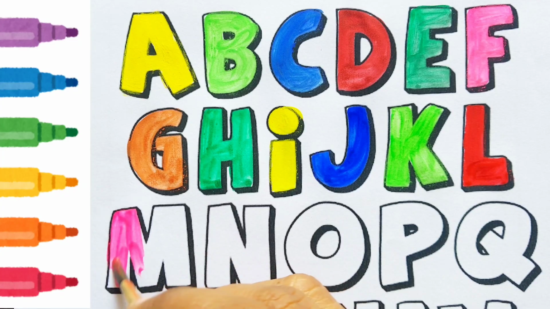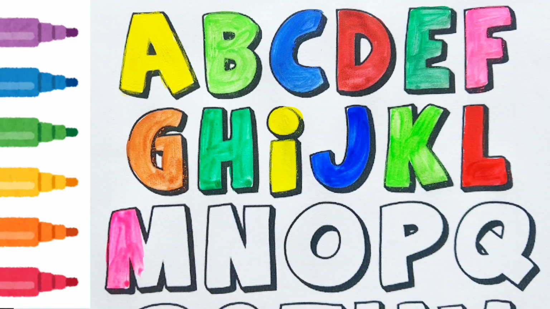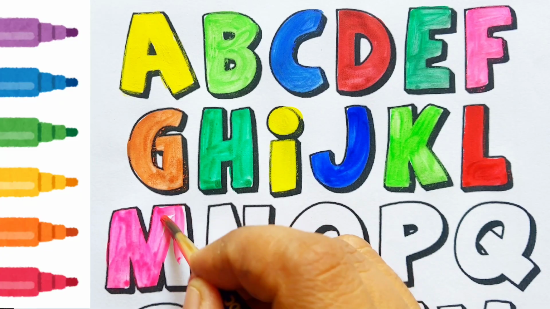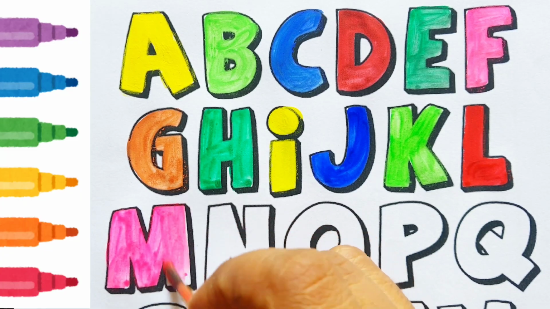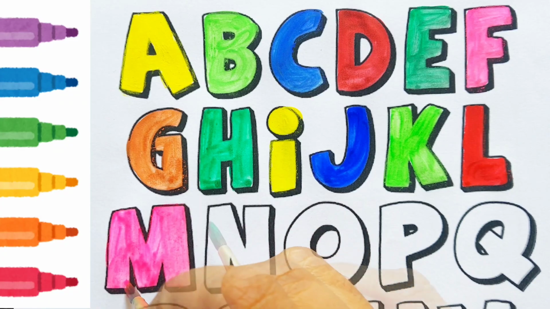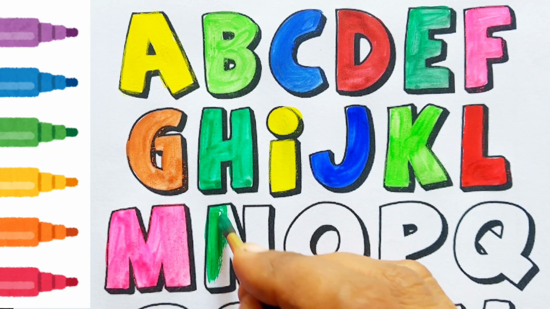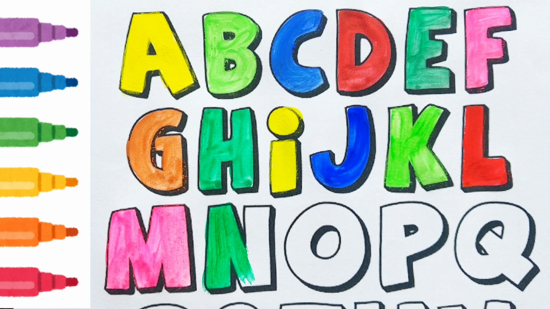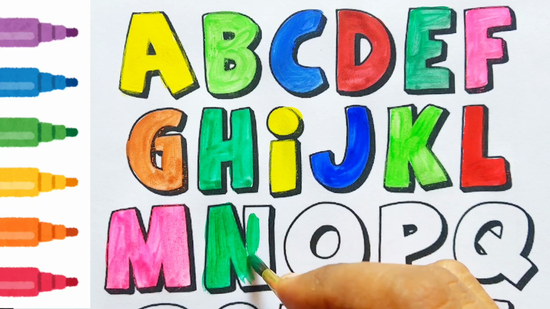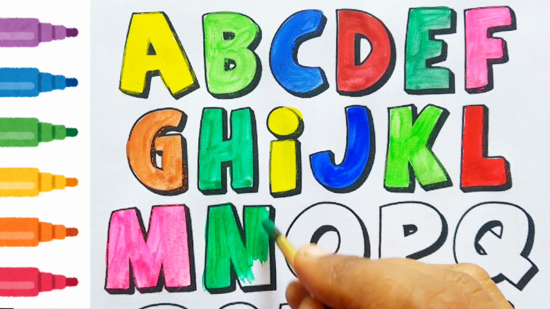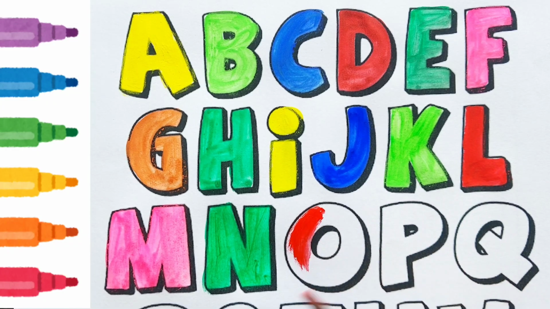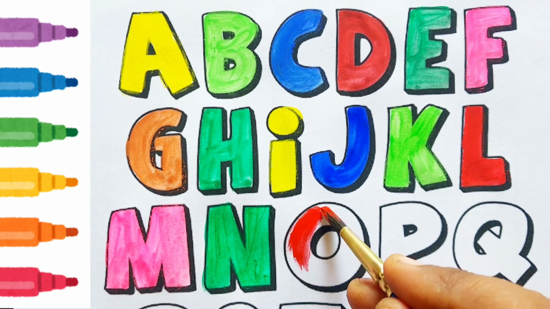M. M for monkey. N. N for nest. O. O for owl.